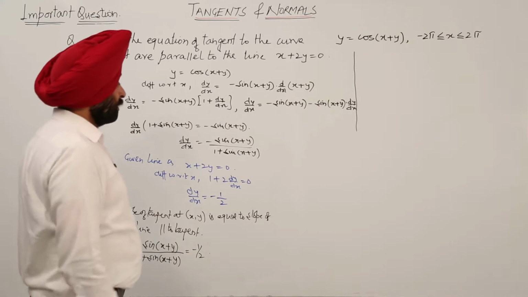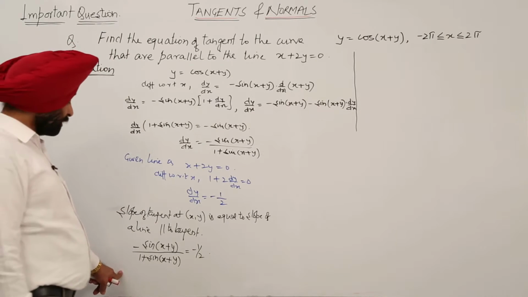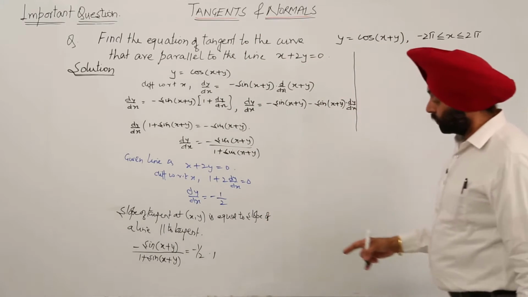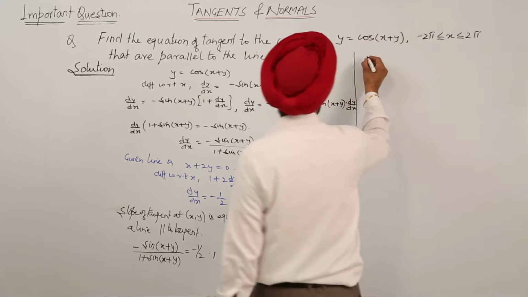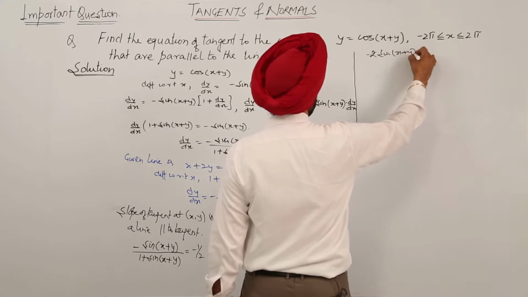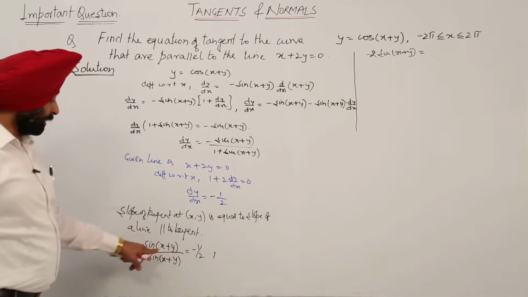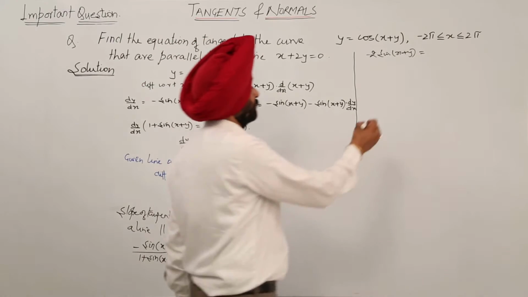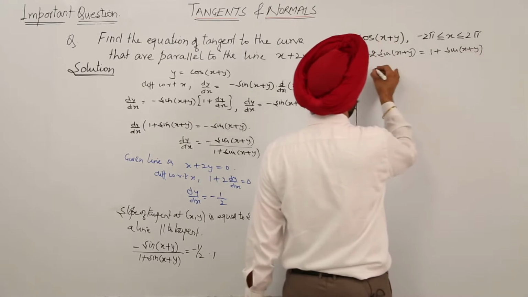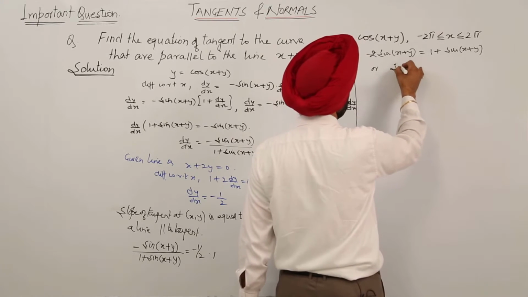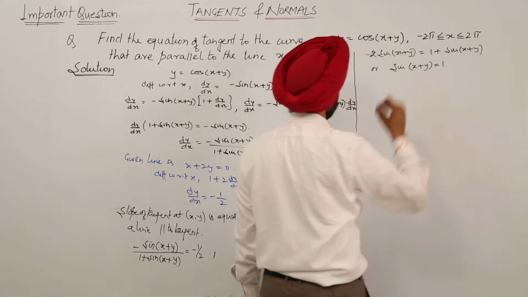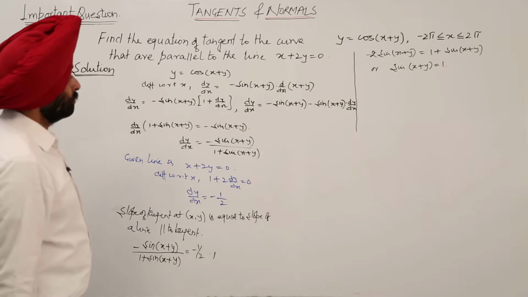Now on solving this part, we have -2 sin(x + y) is equal to -(1 + sin(x + y)), or sin(x + y) = 1.